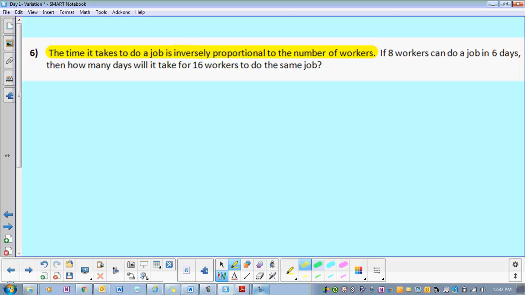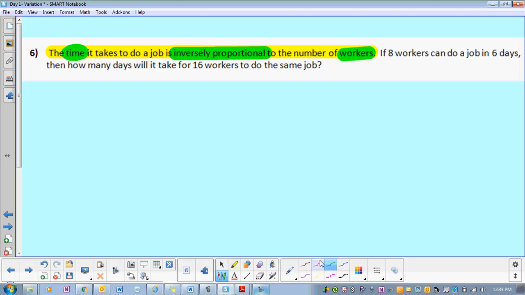Go look for your key words. Inversely proportional, right? What is the thing that they're talking about in the beginning? The time. Is inversely proportional to what? The number of workers. So there you go.